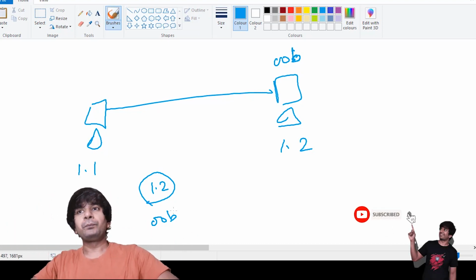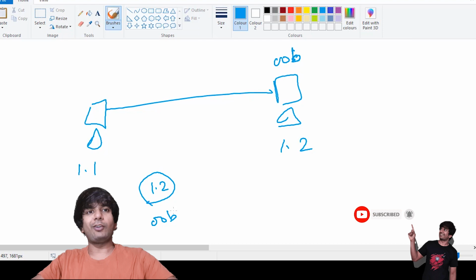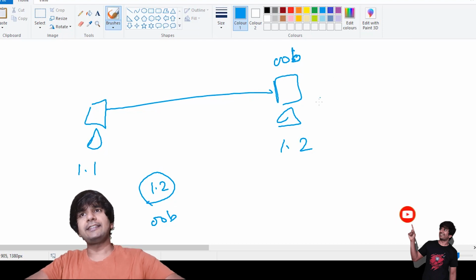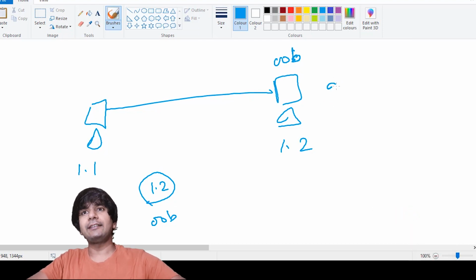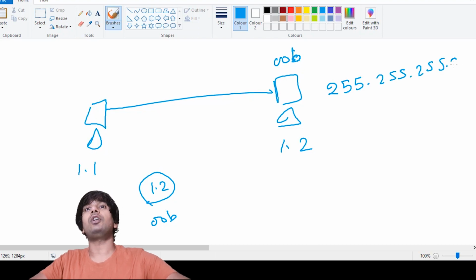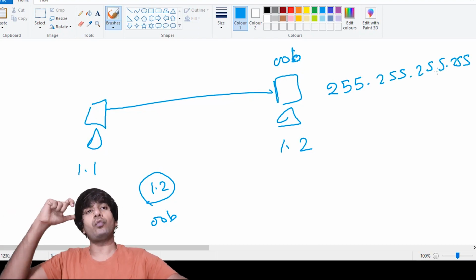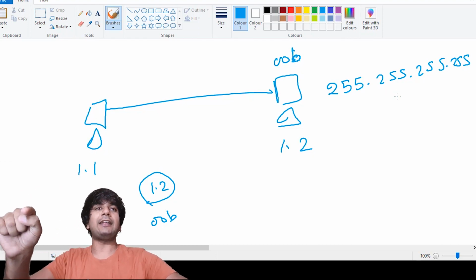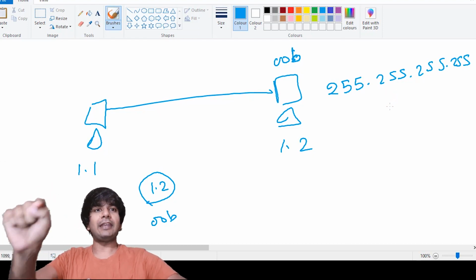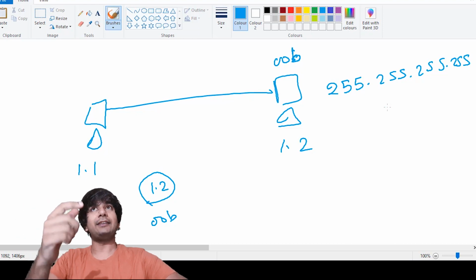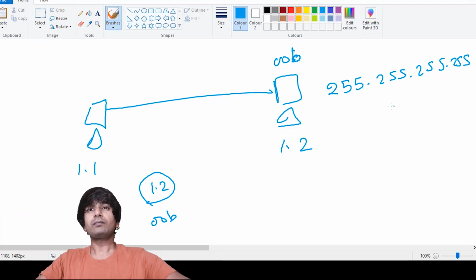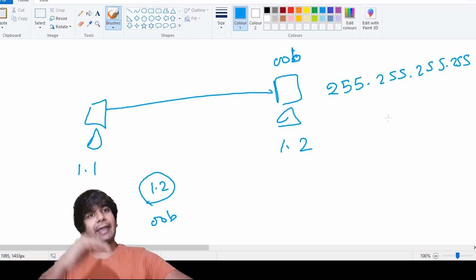For example, you are sending a broadcast packet. What would be the destination IP for the broadcast packet, guys? It will be 255.255.255.255. In the same way, for the same packet, just because the destination IP address is a broadcast IP address, the same rule applies to the MAC address as well.